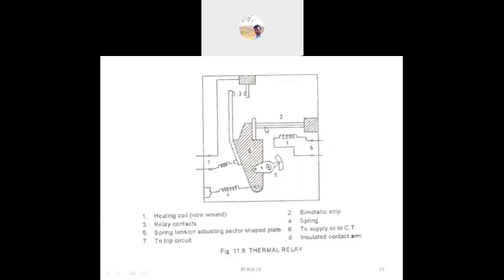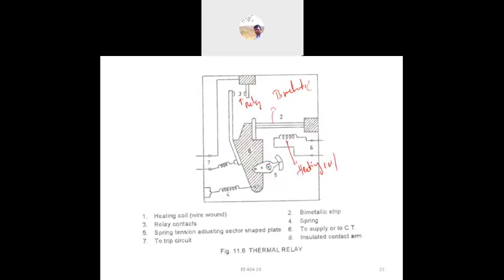So this is the thermal relay. Here is the bimetallic strip, and here we can see the heating coil. This is the bimetallic strip, and the third one is the relay contacts.